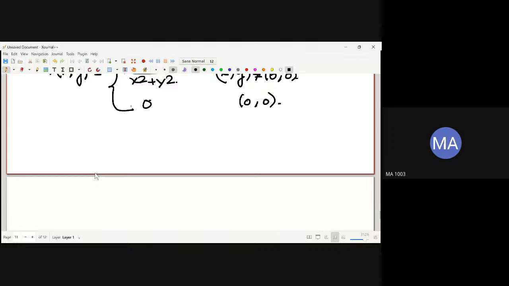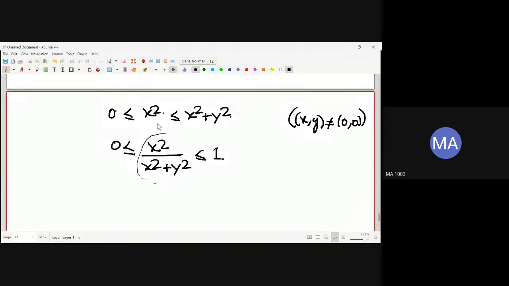So I want to find the limit of this function. What I'm getting here is x square divided by x square plus y square, but y square is still missing in this expression. So I can multiply by y square, and y square is always positive, so multiplying the inequality by it will not change the sign of the inequality. So I'll get x square times y square divided by x square plus y square.